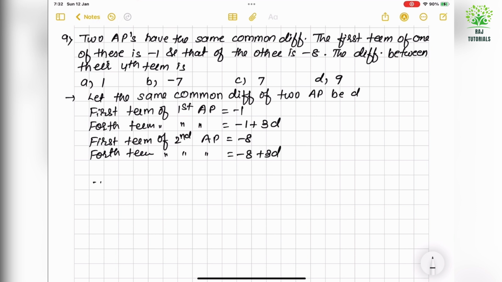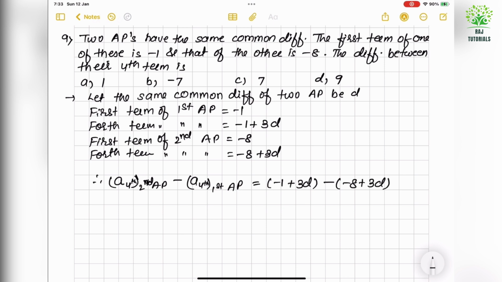Therefore, a4 of the second AP minus a4 of the first AP is (-8 plus 3d) minus (-1 plus 3d).